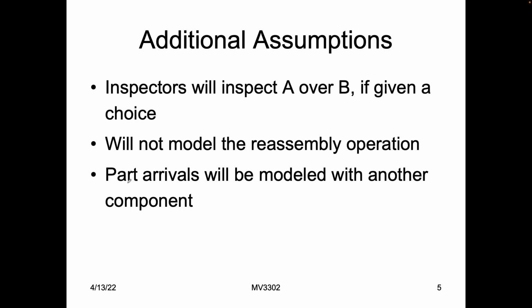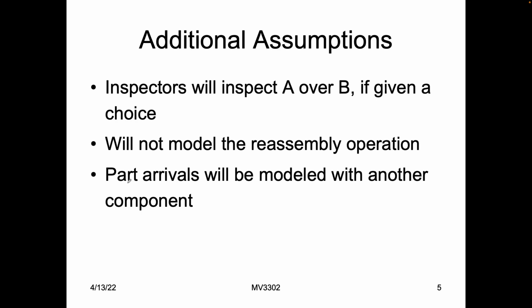So just to be clear about what our additional assumptions are, our first assumption is that the inspectors are going to choose A over B if given a choice. We're not going to model the reassembly operation. Presumably, this isn't just an abstract thing, where you're digging meaningless ditches or something like that.